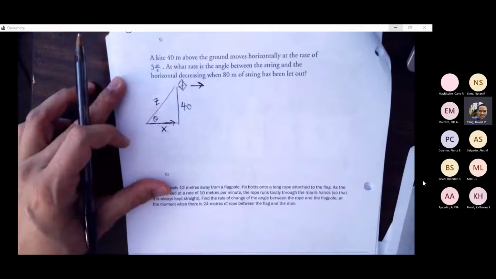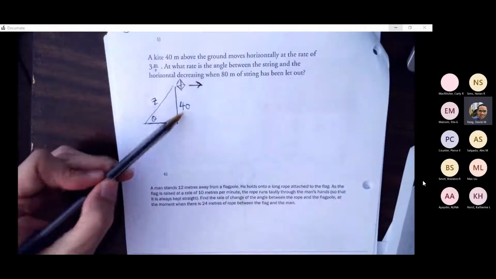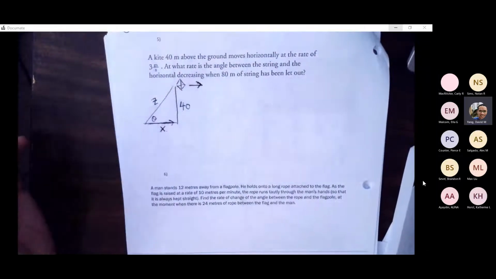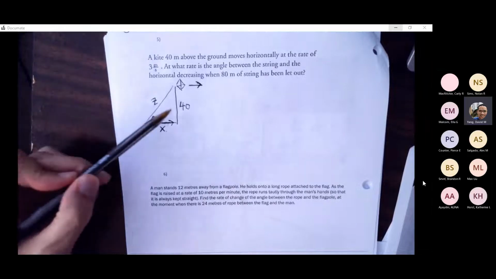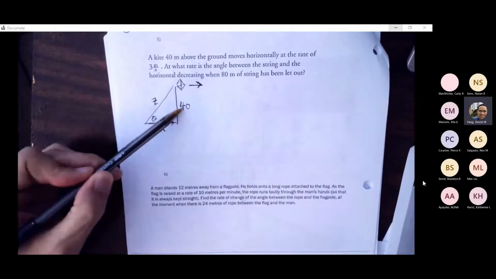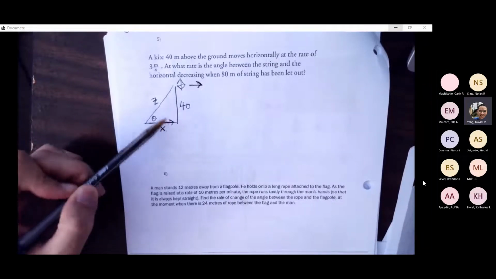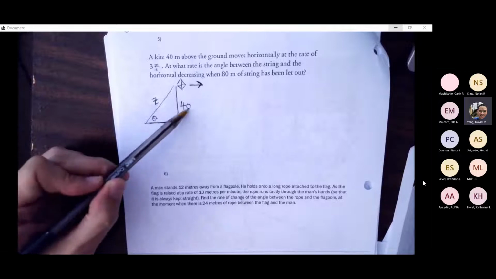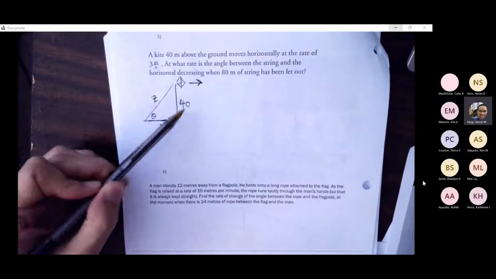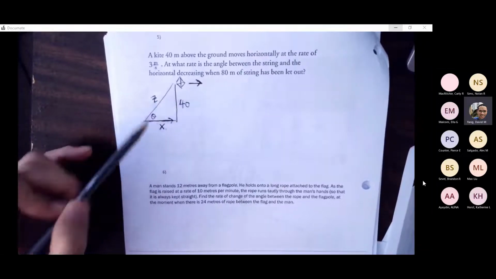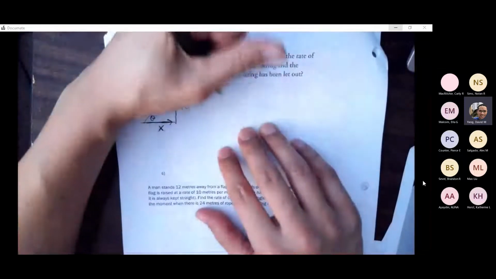I'm going to arbitrarily choose tangent here, because any of the trig functions will work, but we want to involve theta and ideally the 40. I can use either tangent or sine to involve that 40. So I'm going to use tangent here.